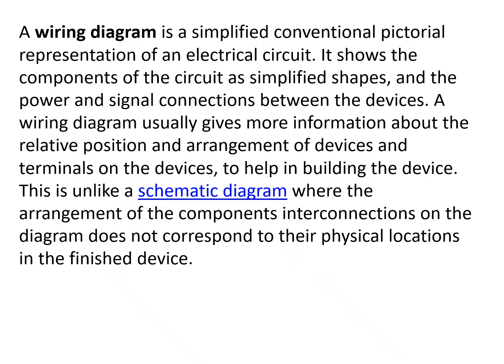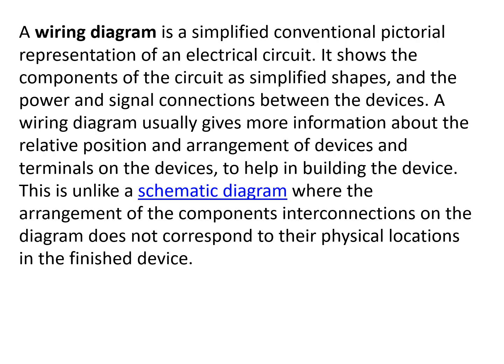Friends, we use many types of wiring diagram. A wiring diagram is a simplified conventional pictorial representation of an electrical circuit. It shows the components of the circuit as simplified shapes and the power and signal connections between the devices.